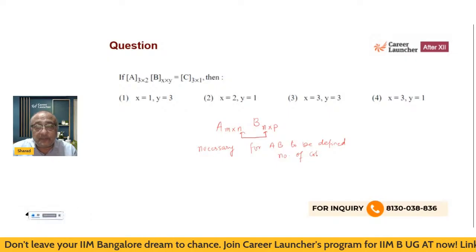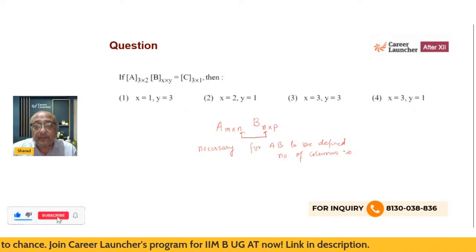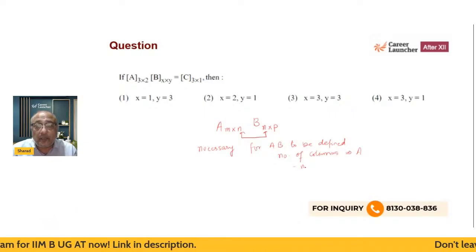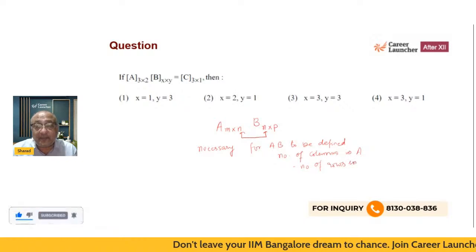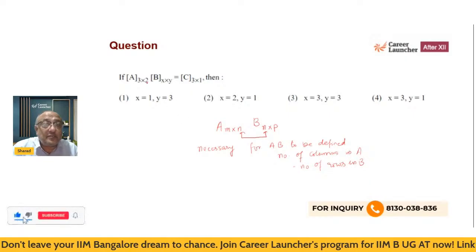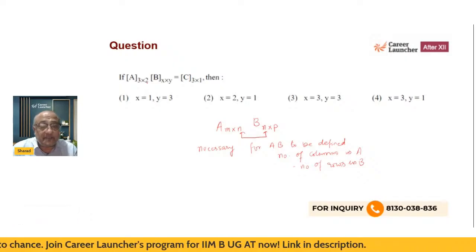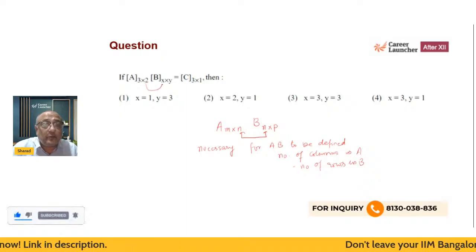Number of columns in the prefactor matrix, which is over here A, must be equal to the number of rows in the postfactor. As I'm writing this theory, you can surely answer the question which is in front of you.